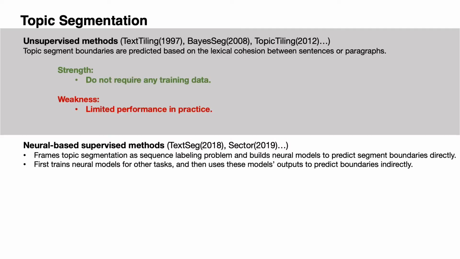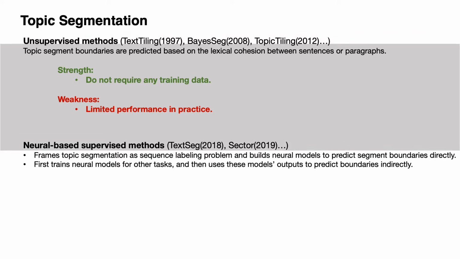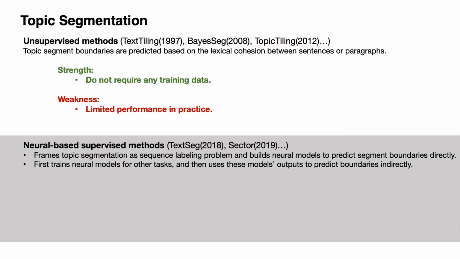They are usually data-free, but have limited performance and generality compared with the later proposed supervised methods. When it comes to the supervised segmenters, neural-based ones are usually favored due to their better and more robust performance. They can generally be separated into two lines of work.